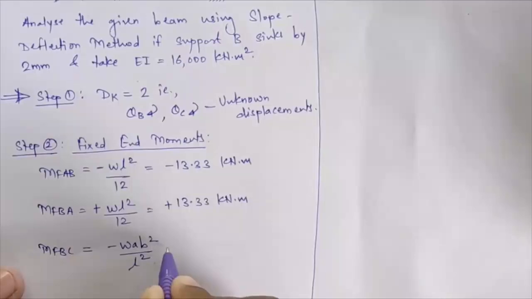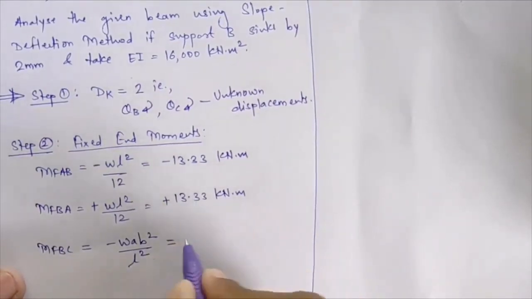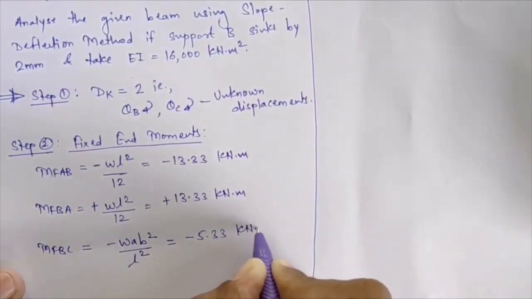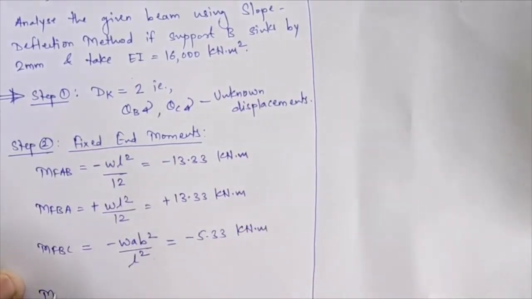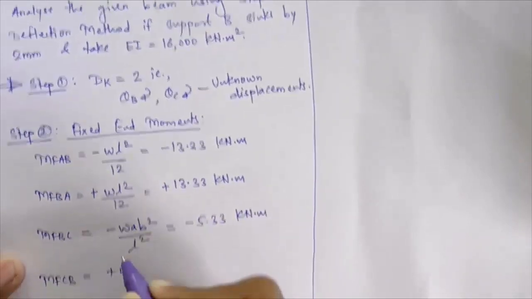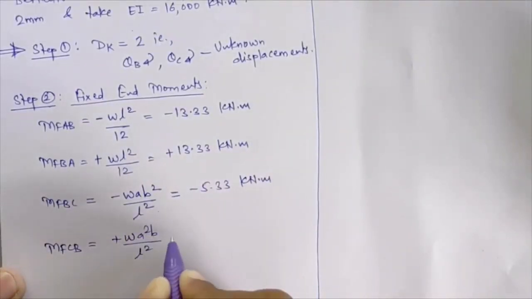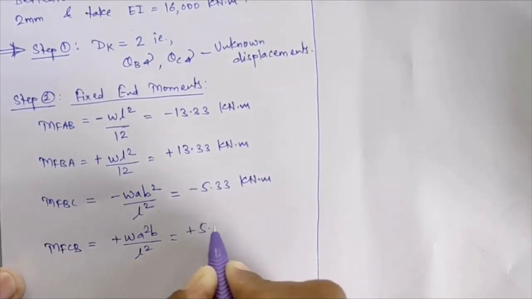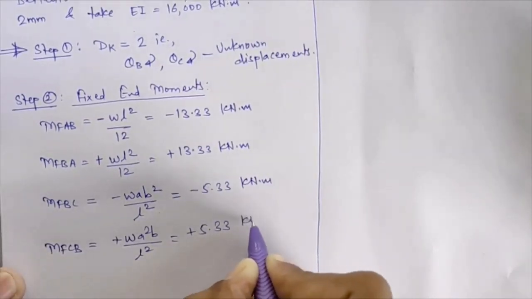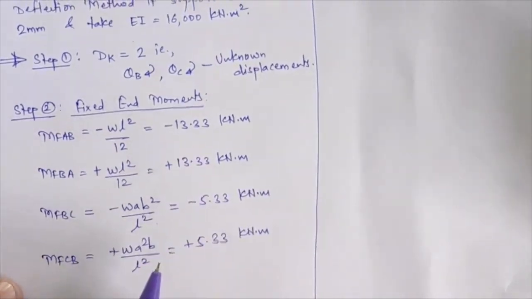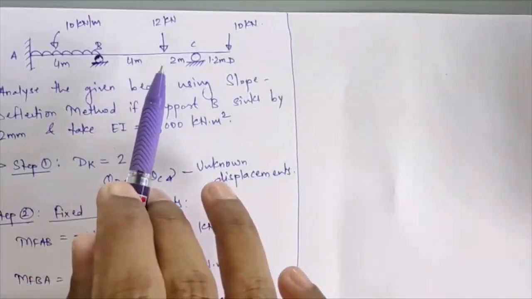If you calculate, you will get minus 5.33 kilonewton meter. And lastly MFCB, that will be plus WA square B divided by L square, so that will be plus 5.33 kilonewton meter. Your fixed moment values are the same as in the previous numerical because the loading is the same.